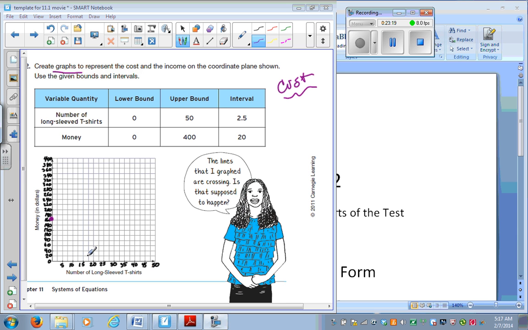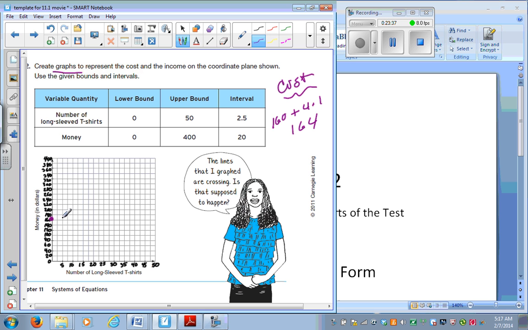Now, no t-shirts would be $160, but if I sold one t-shirt, that would be my $160 plus the $4 that it would cost me for one t-shirt. So my next point would be $164.